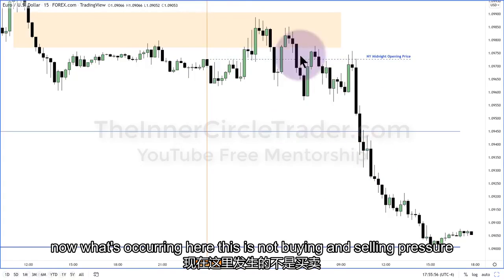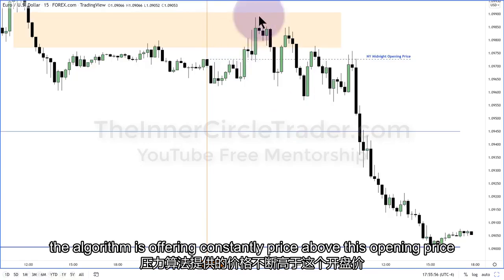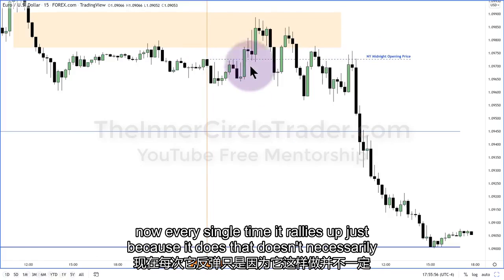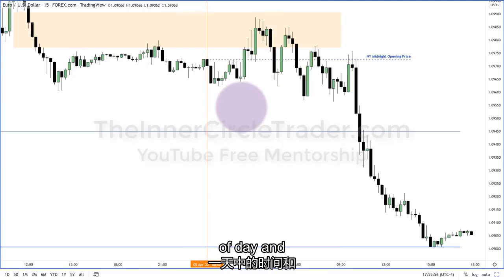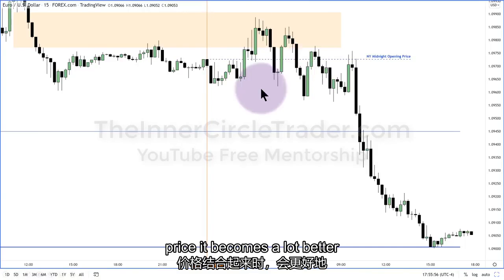Now what's occurring here, this is not buying and selling pressure. The algorithm is offering constantly price above this opening price. Now, every single time it rallies up, just because it does that doesn't necessarily mean that's a time for you to get in. But when you couple that with time of day and price, it becomes a lot better.